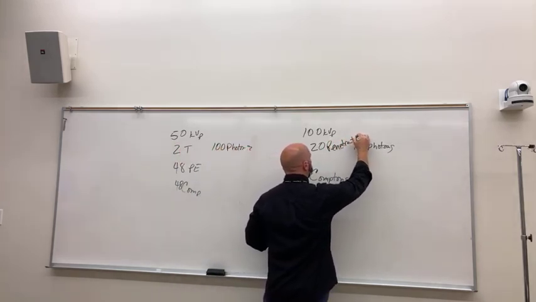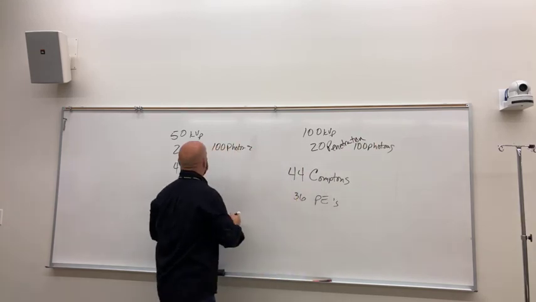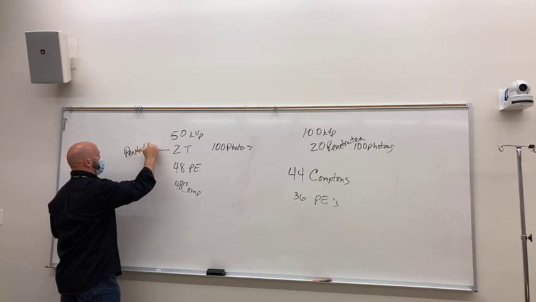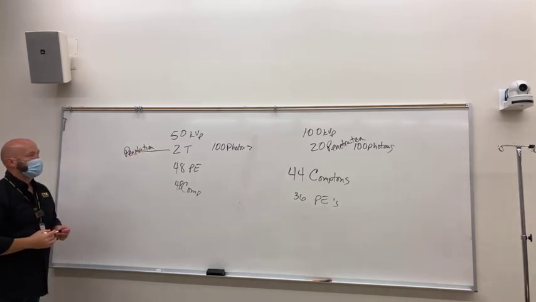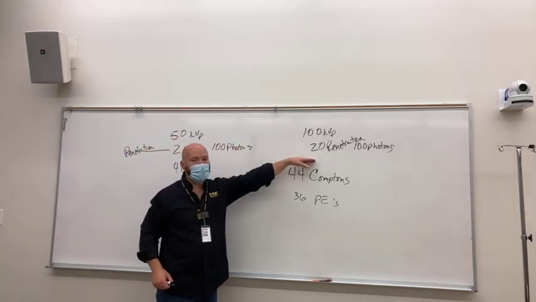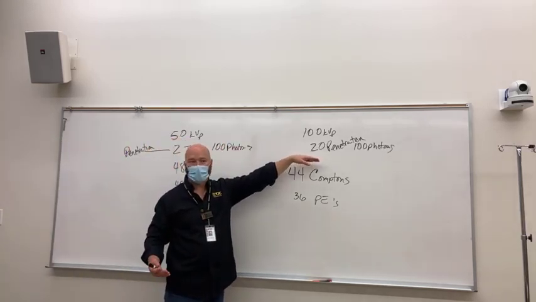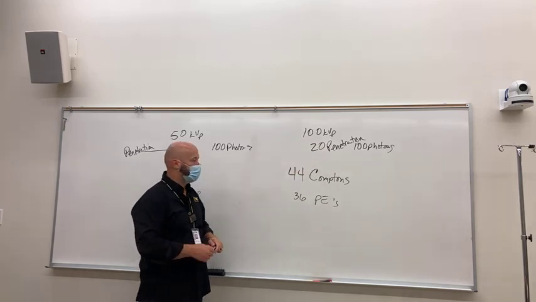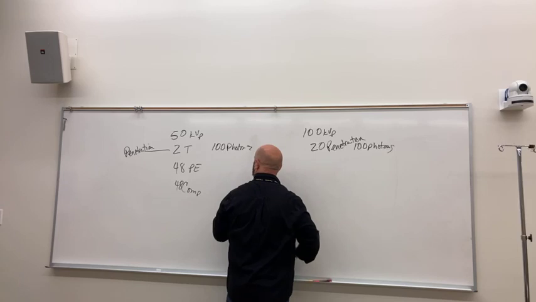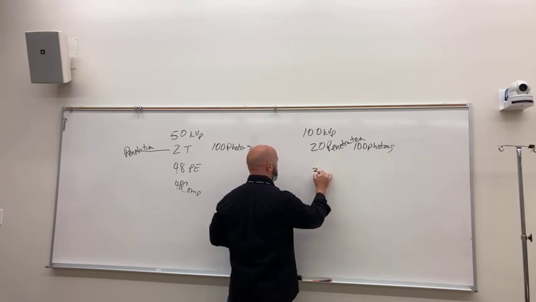So these are the photons that penetrate through the patient without any kind of interaction, okay? So as we increased our kVp, did our penetration without any kind of interaction go up? Yes, okay. So I inverted these two, so that we keep them straight across from each other.